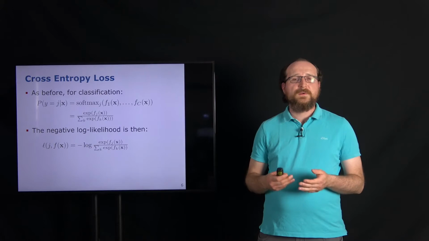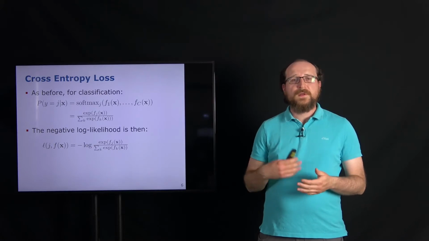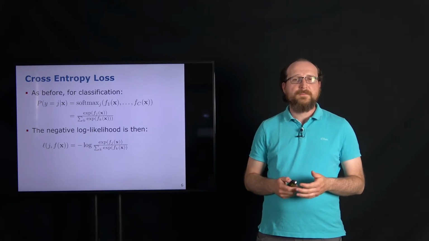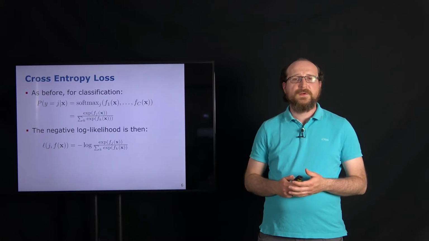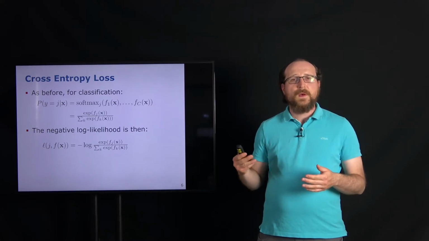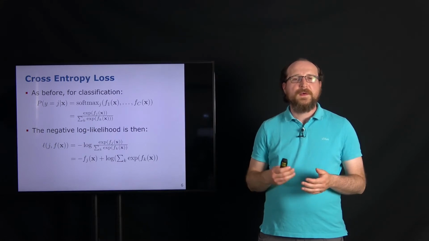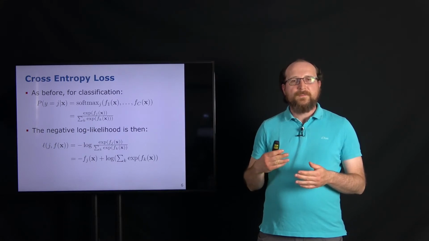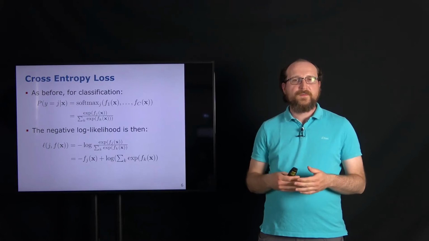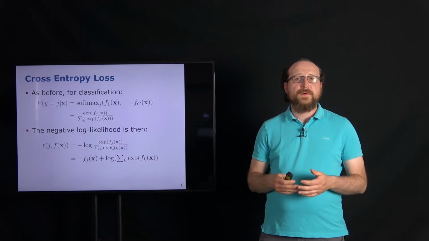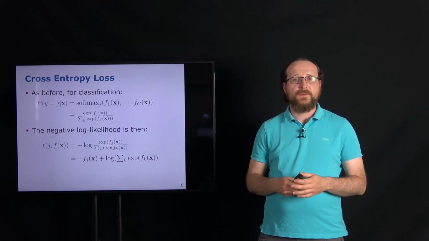When we use, as before, the negative log likelihood of the softmax function, we get our loss. This is minus log of the softmax function, and when we push the logarithm in, we get minus the output of the correct class, which would be j in this case, plus the logarithm of the sum over all scores. And this is the loss.